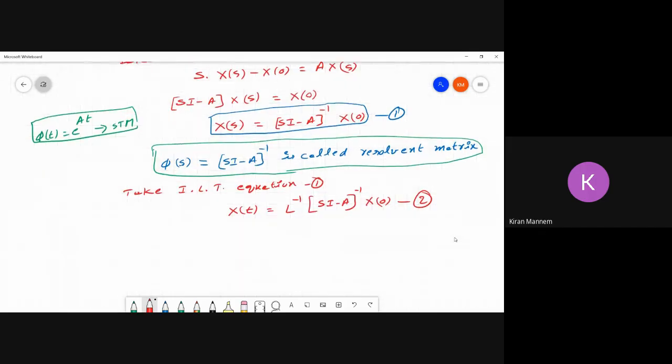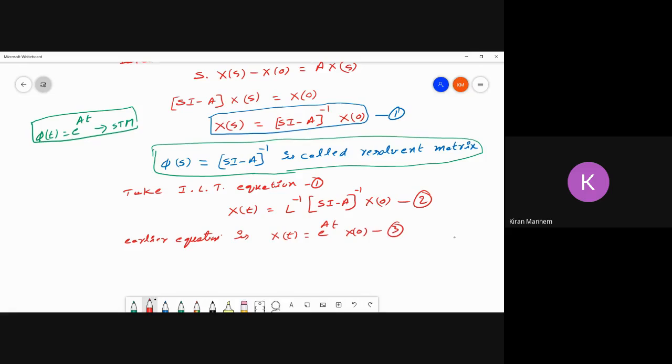You have pi of t is equal to e power At and x of t is equal to e power At into x of 0. The earlier equation is x of t is equal to e power At into x of 0. Let it be the third equation, right?